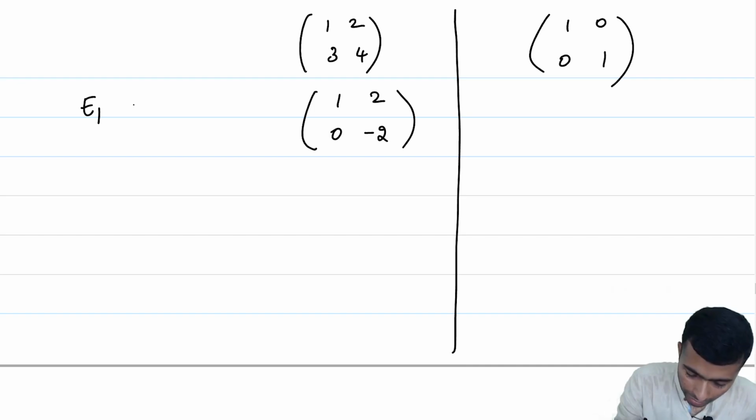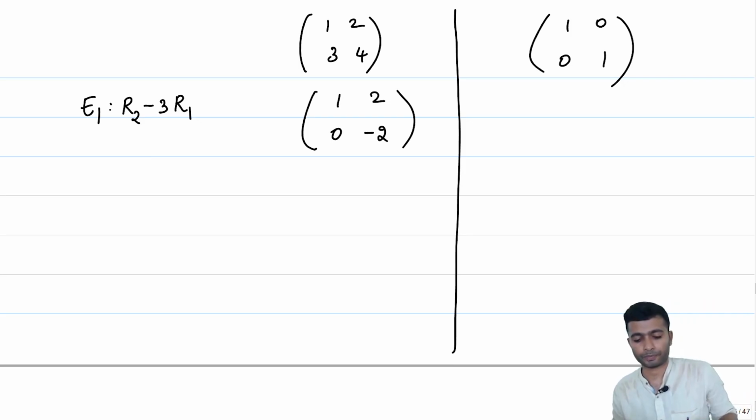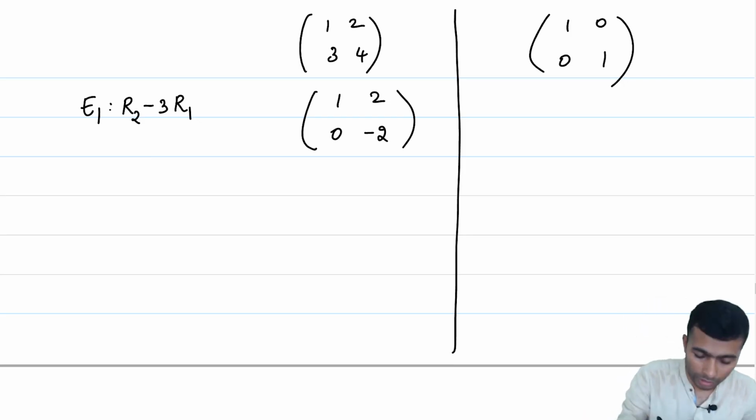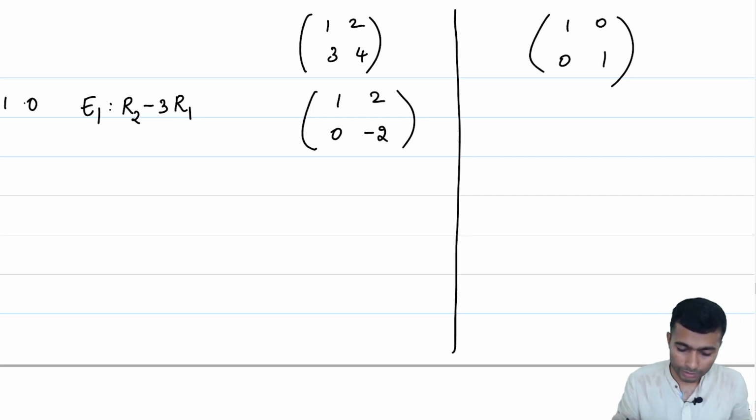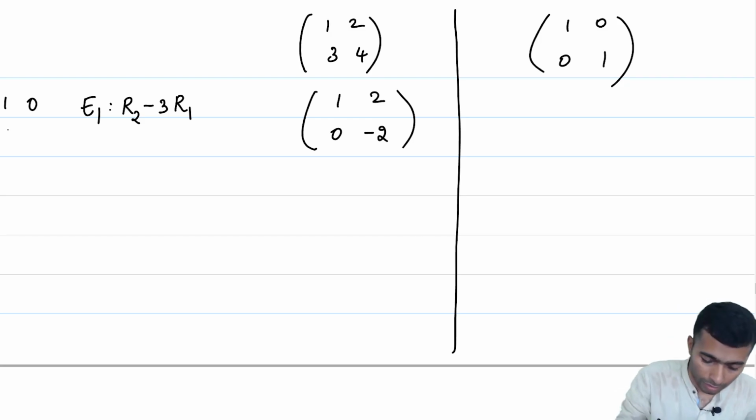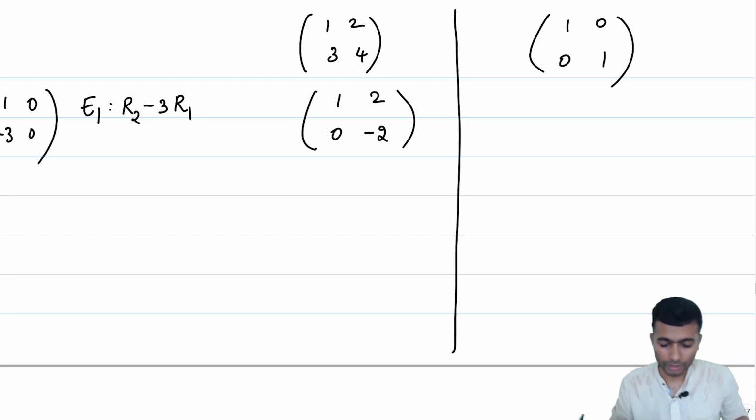So, let me just write it like this, row 2 is row 2 minus 3 times row 1, this is what we are doing. So, if you want, the corresponding matrix will be identity and the second row is minus 3 comma 0, right. This is what the corresponding E1 will be.